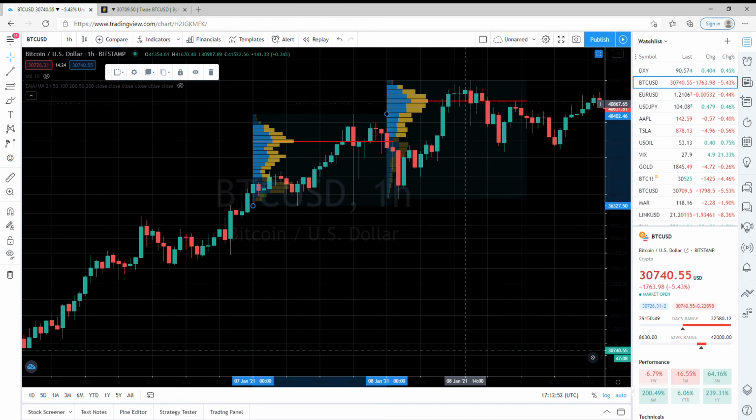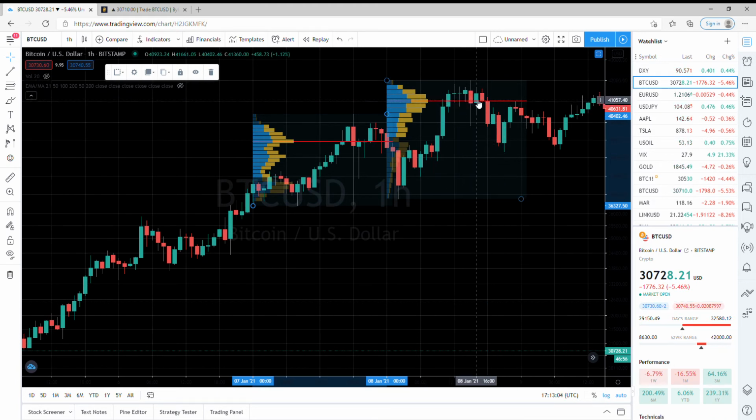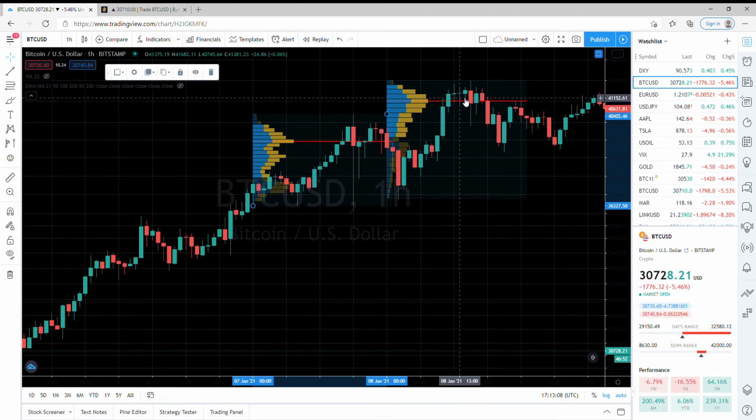So it's a higher probability, in this case, let's say we're taking this into consideration, that the price will go down in the next session rather than going higher. So you can enter a short position at this level. Let's say you're at this level.